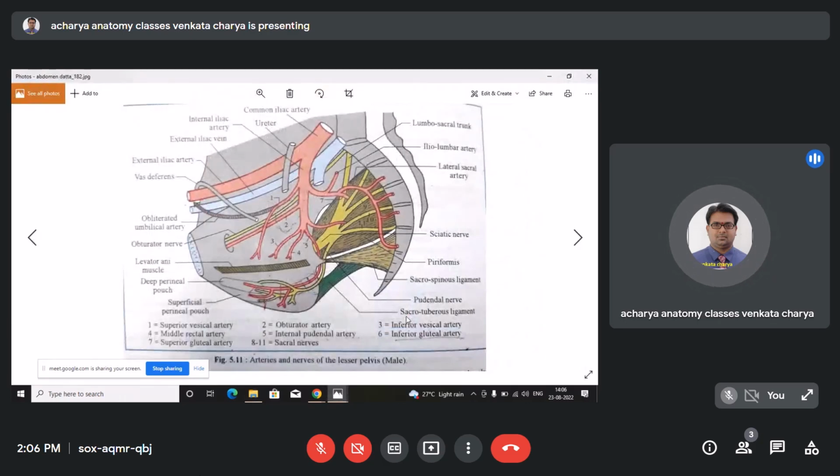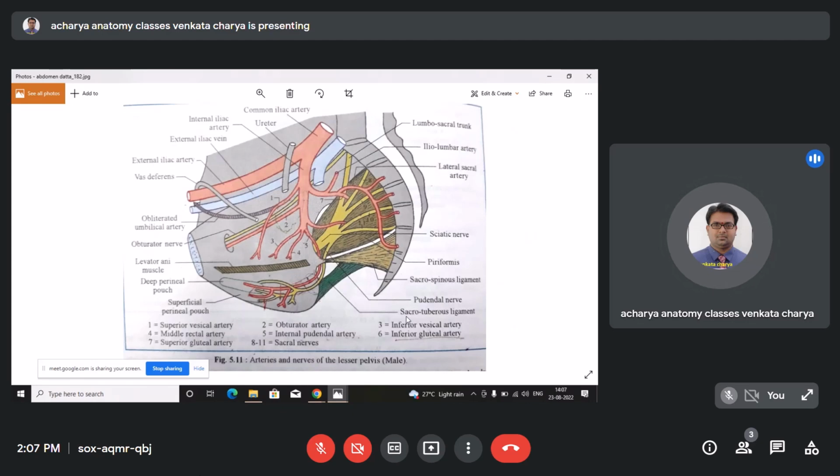Write down internal iliac artery branches. The internal iliac artery is a branch of the common iliac artery. Is it clear? It is a branch of the common iliac artery.